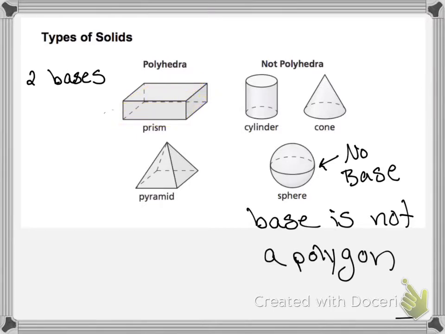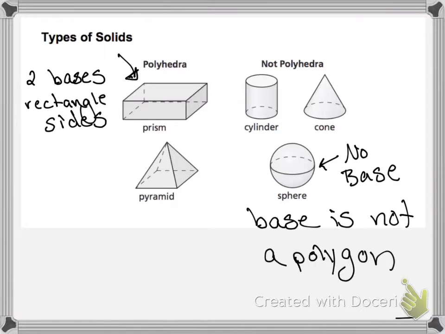So two bases and then rectangle sides. That's a prism. In this case, this base is a rectangle, so we call it a rectangular prism. We name it based on its base. If the base was a triangle, it'd be a triangular prism.